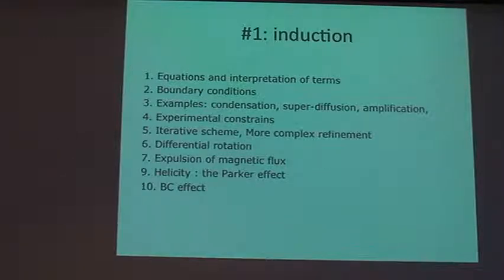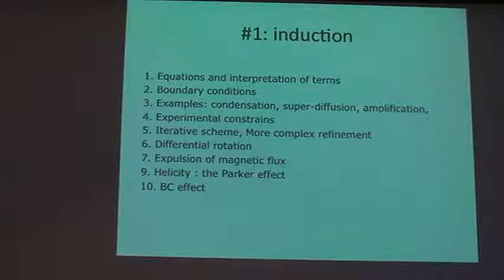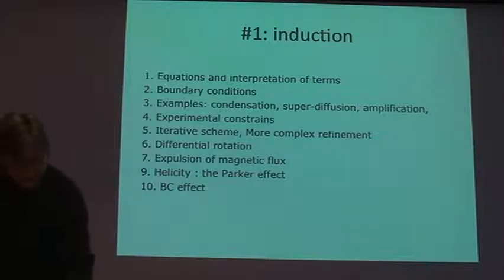So what I want to describe in the first series is, well, you've been through the equation now. I want to discuss a little bit boundary conditions and examples, experimental constraints, and the simple effects of how you distort magnetic field lines in an experiment.